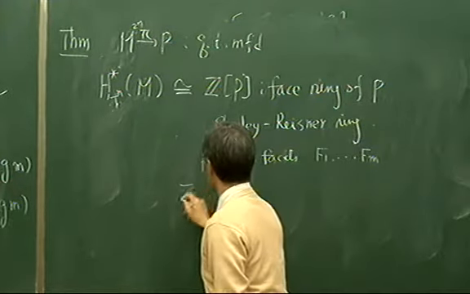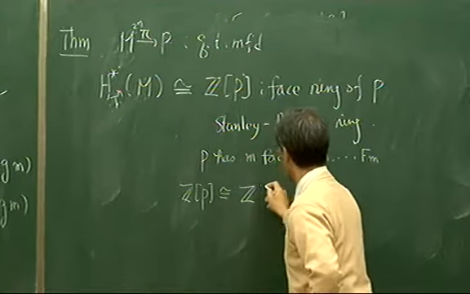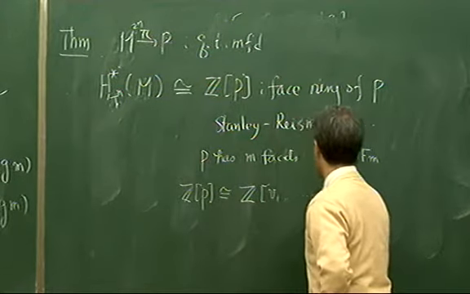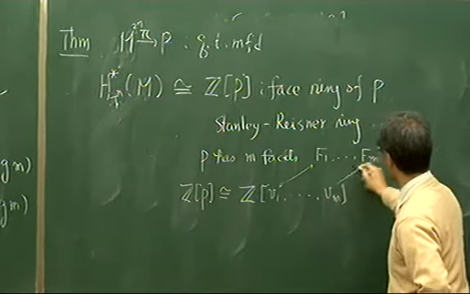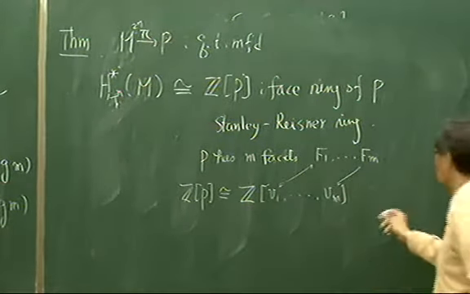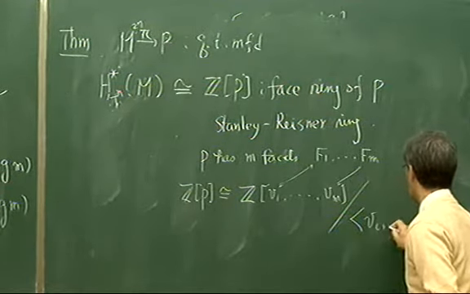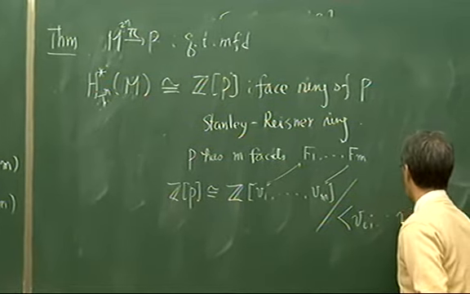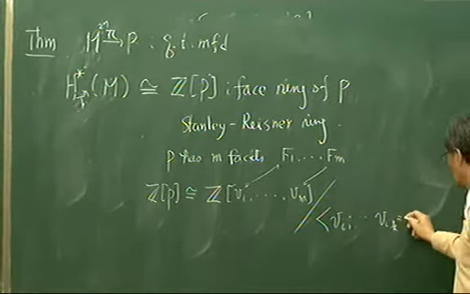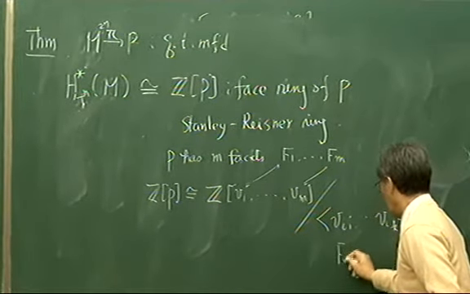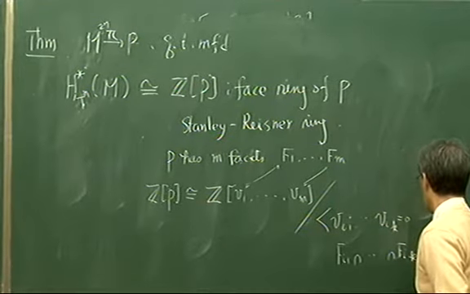Then Z_P is isomorphic to Z[V1, ..., Vm] modulo an ideal, where each Vi corresponds to a facet, the variable corresponding to the facet, such that Vi1 times ... times Vik is 0 where Fi1 intersection ... intersection Fik is empty.